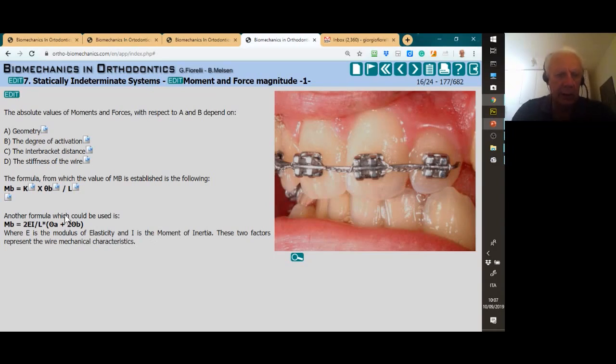Here you can see the formula that will lead you to the MB, which is the moment on the largest of the two angles.